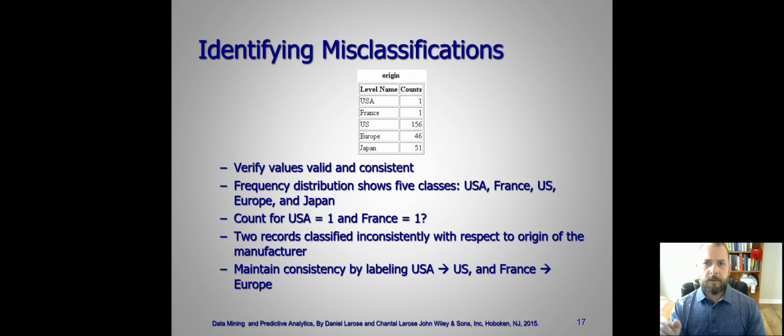Obviously, USA needed to be put into the US category, just a small typo. Something that may not be as identifiable is the fact that we have one instance of France, but 46 instances of Europe. Obviously, France is in Europe and should have been categorized as Europe.